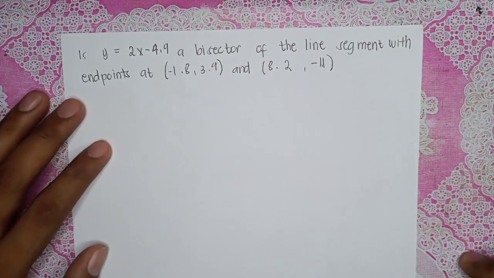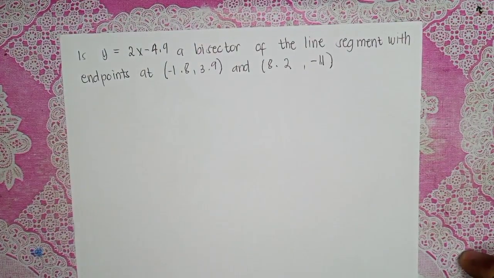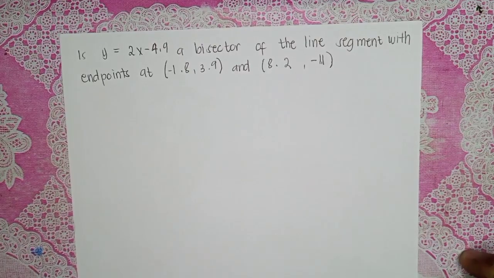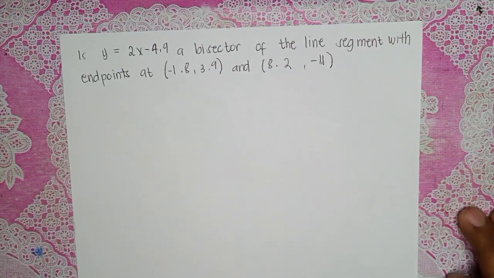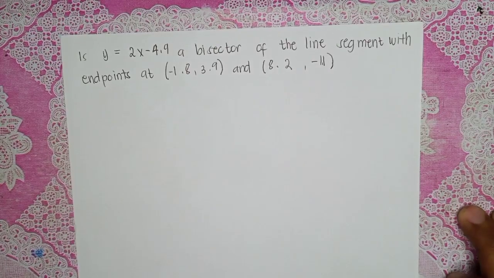Another example: is y is equal to 2x minus 4.9 a bisector of the line segment with endpoints at negative 1.8, 3.9 and 8.2, negative 1.1?